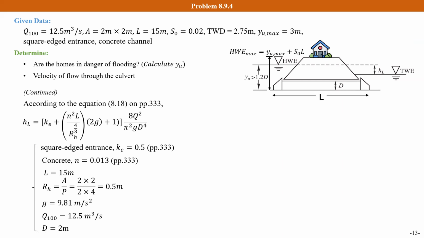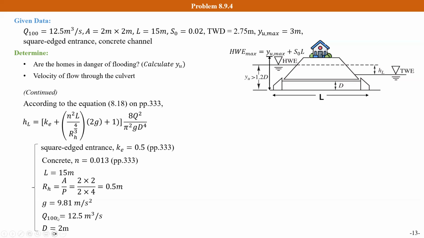Because the culvert is already submerged at both inlet and outlet, the wetted perimeter equals the full perimeter because it is a rectangular channel. So it equals 2 times 4. Therefore, the hydraulic radius equals 0.5 meters.